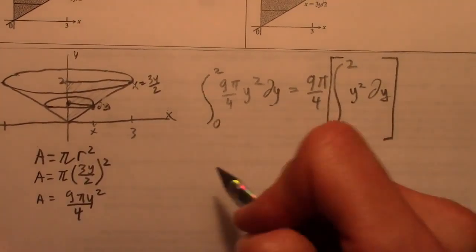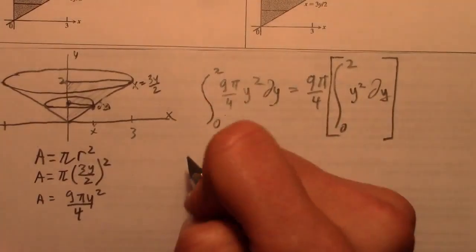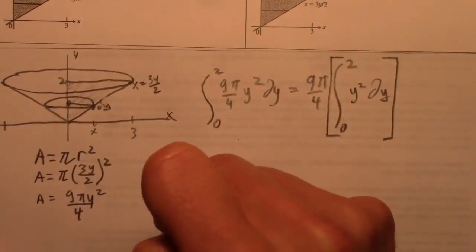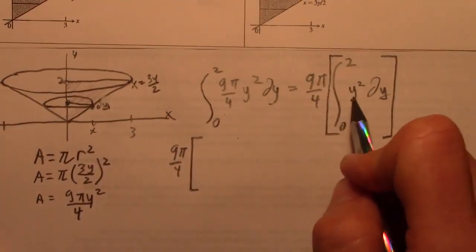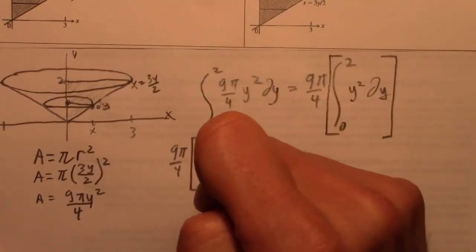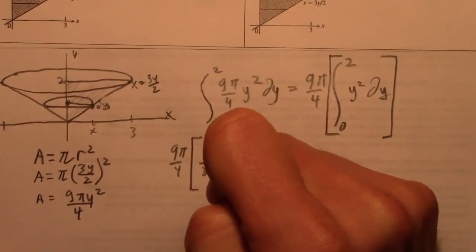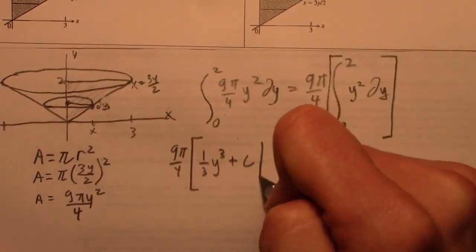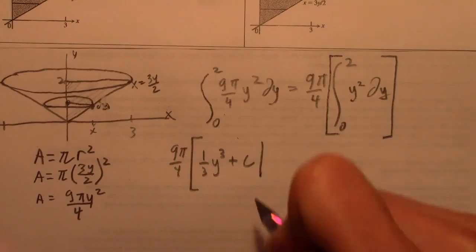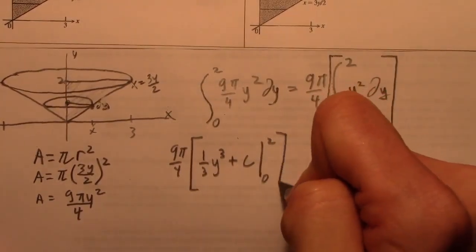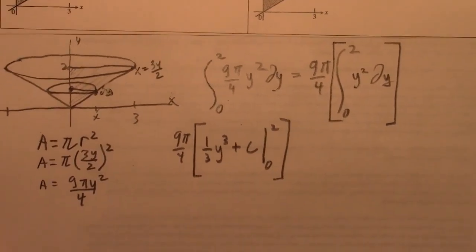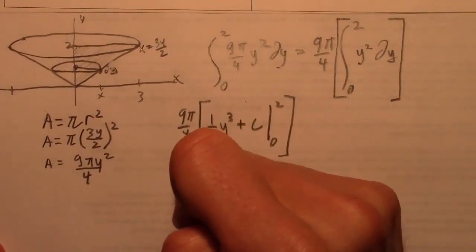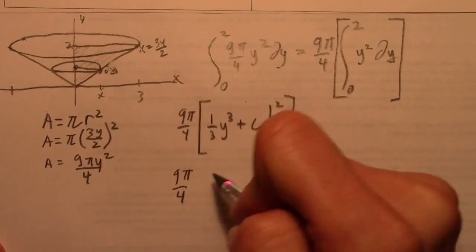So let's do the fundamental theorem of calculus. So 9 pi over 4, and then a Texas size bracket. And now we can untangle this integral. So it's 1/3 y to the third plus c. And then we're going to evaluate that integral from 0 to 2. All right, and then let's just proceed with the fundamental theorem. So 9 pi over 4.